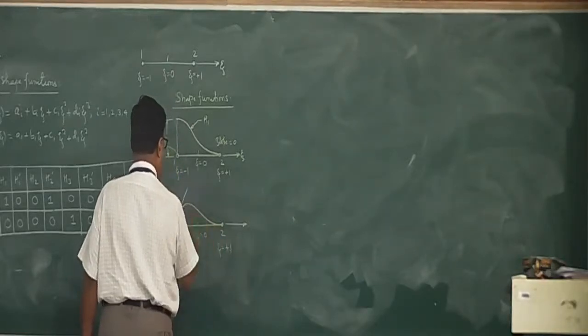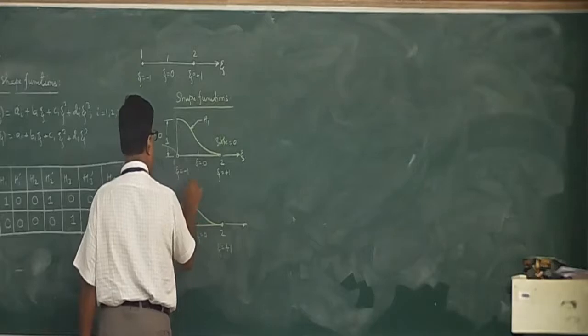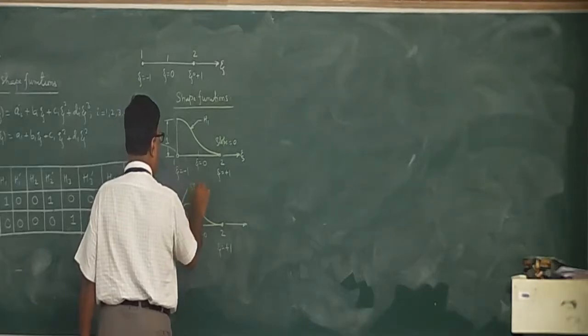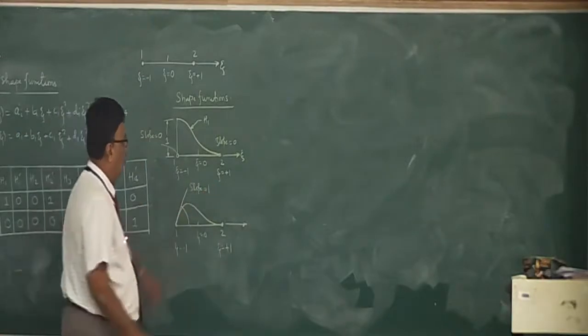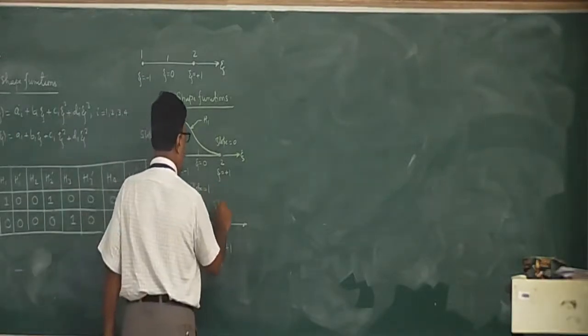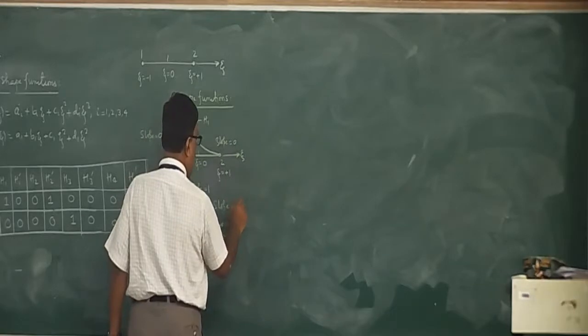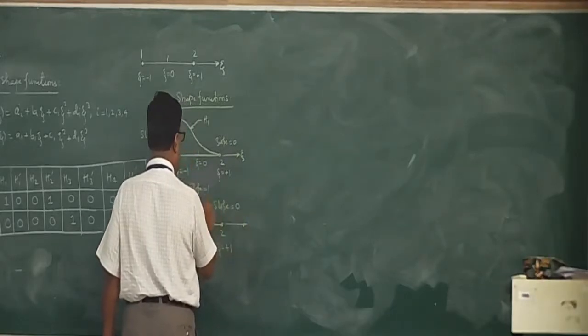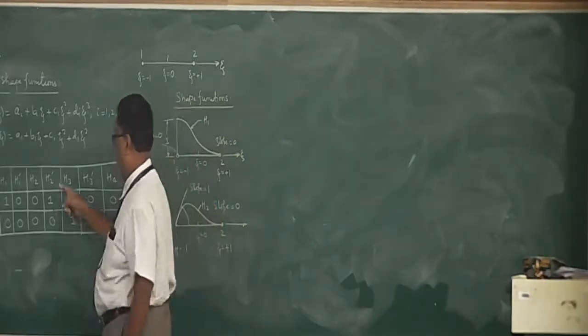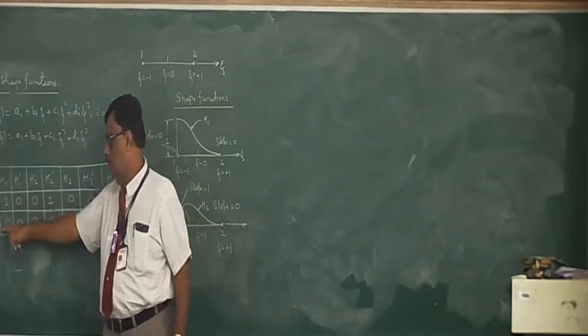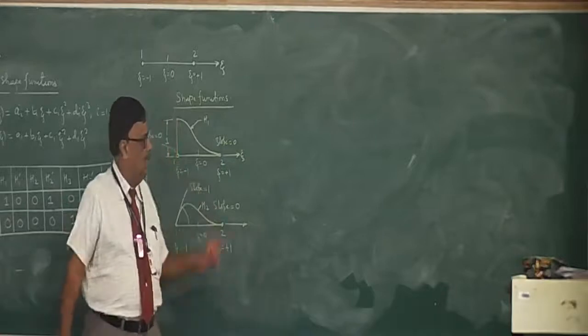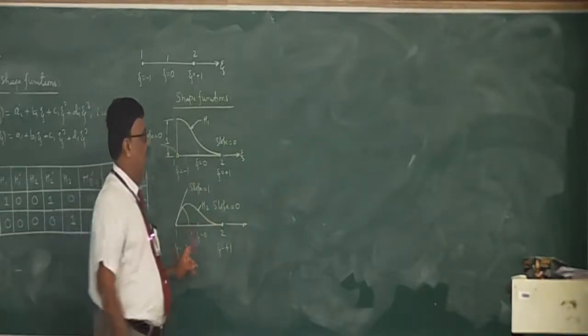If you see here, the slope at node 1 is not 0, it is 1, whereas at node 2, the slope is 0. That is, H2 dash is 1 at node 1 and it is 0 at node 2. This variation is very clearly seen on this particular graph.